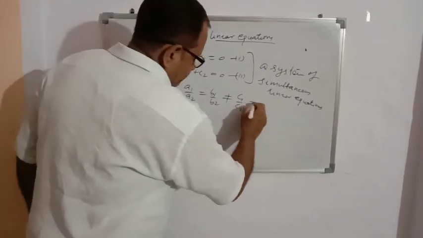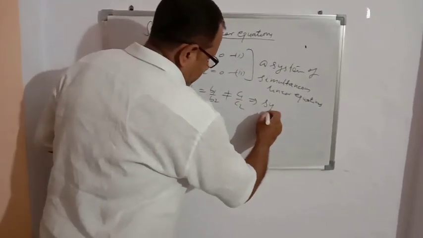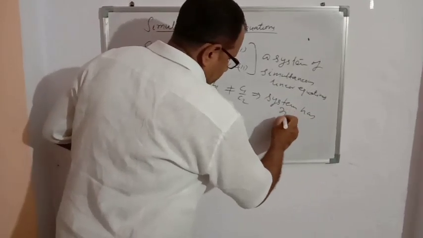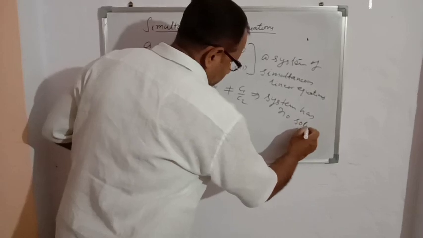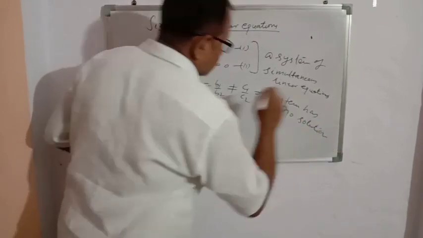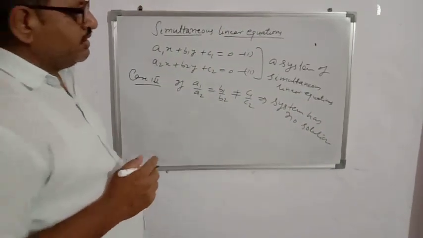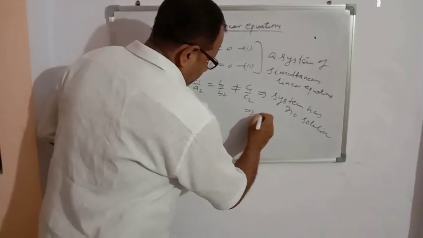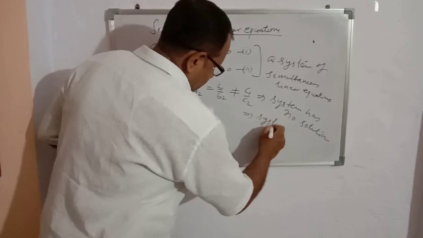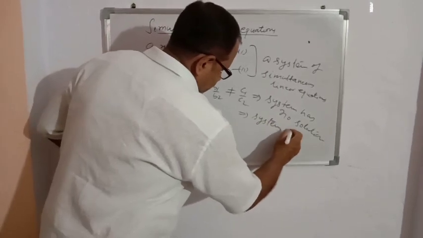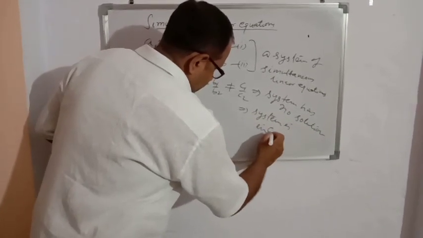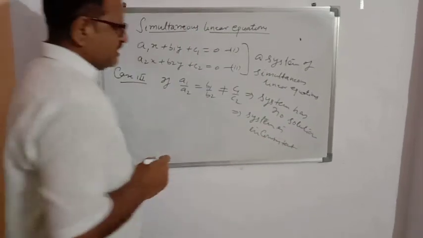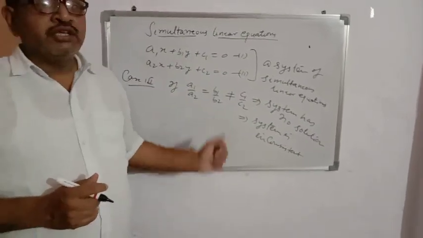In this case, the system has no solution, and we can also say that the system is inconsistent. System is inconsistent means solution is not possible.